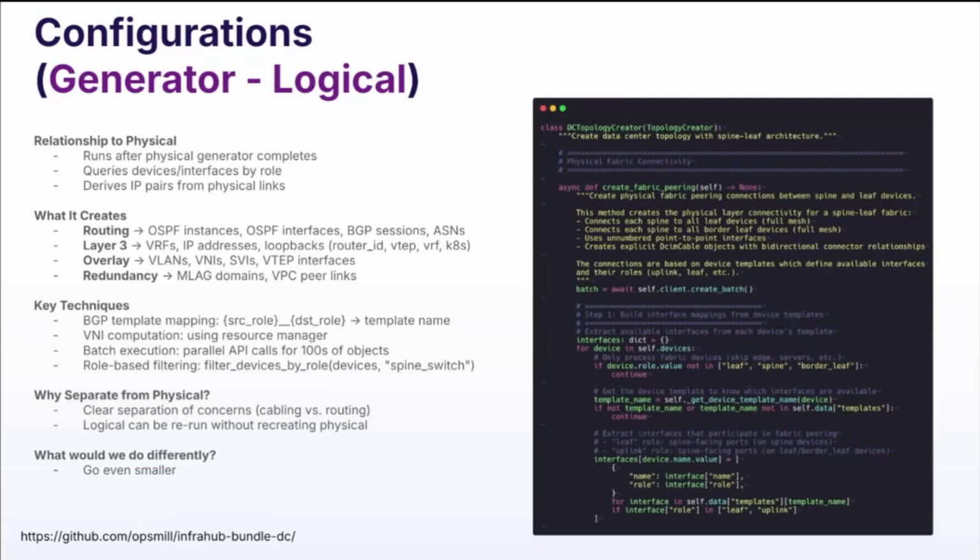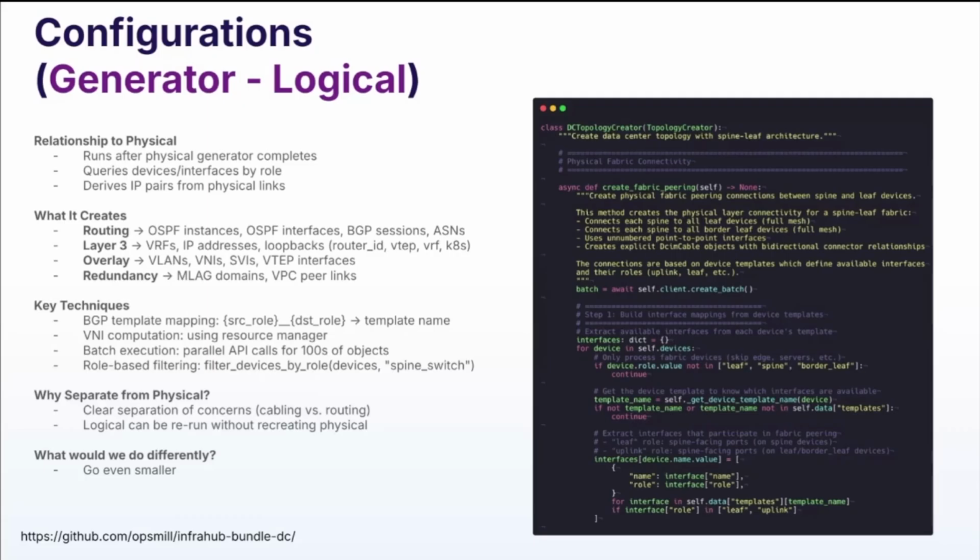We did separate these. Initially, what we were thinking was cabling and then the overlay. Due to the deliverables, cables had to be done first, but also for some of the modularity. So if we needed to rerun the logical, we didn't have to rerun all of the physical cabling.